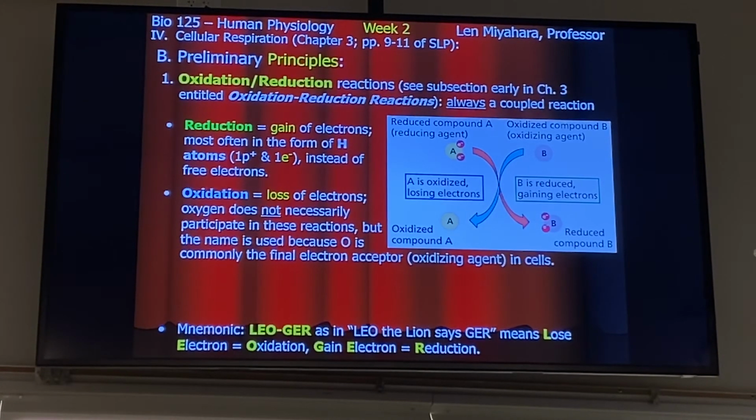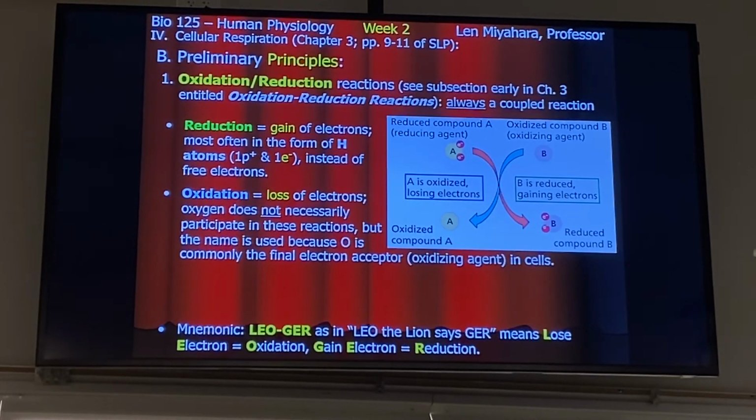First is a transfer of high energy electrons, but it's not free electrons. They're in the form of hydrogen, because hydrogen is only a proton and an electron. So it's in hydrogen, proton and electron. That's what it says here. It's often in the form of hydrogen ions, proton and electron. But that electron is the high energy electron.